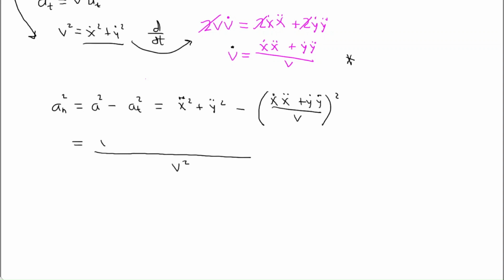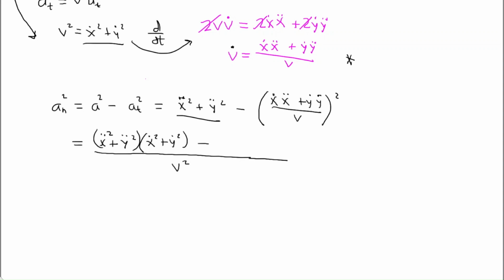But first I need to multiply that up into the numerator that I would have right here. And I'm going to use v squared as x dot squared plus y dot squared right here.